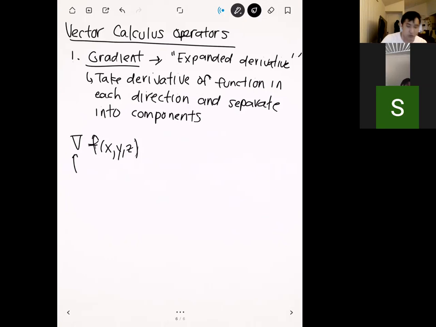The gradient symbol is this upside down triangle. The name for this symbol, if you're curious, I actually didn't learn until somewhat recently, is called a nabla. If you're using LaTeX or the equation editor in Microsoft Word, this is how you call it.